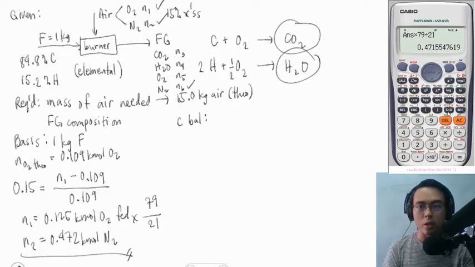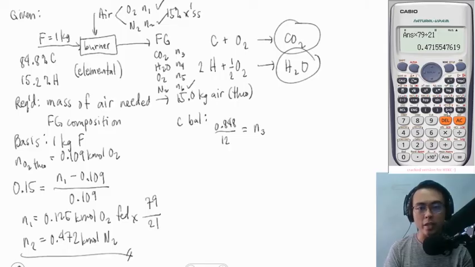So for the carbon, we have 0.848. This is kilograms of carbon. We divide that with 12 kilograms per kilomole so that the entire ratio will now be in kilomoles. That's equal to N3. Now you might be asking, why did I not divide N3 with the molecular weight? That's because the flue gas is already understood to be in mole basis.